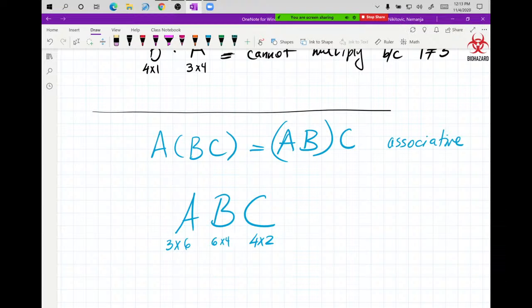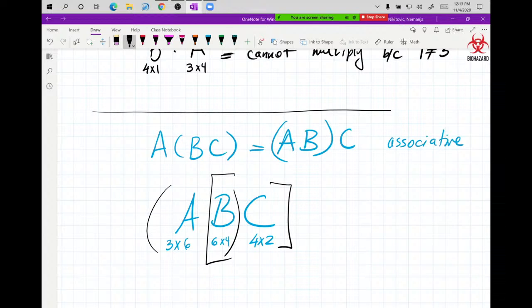If I decide to go the other way, then again 4 and 4, so the answer is 6 by 2, and I have 3 by 6 in front, so 6 matches 6, I'm good again. So if the sizes of matrices are such that you can do multiplication in the first place, then whether you do it this way or this way first, it doesn't matter.